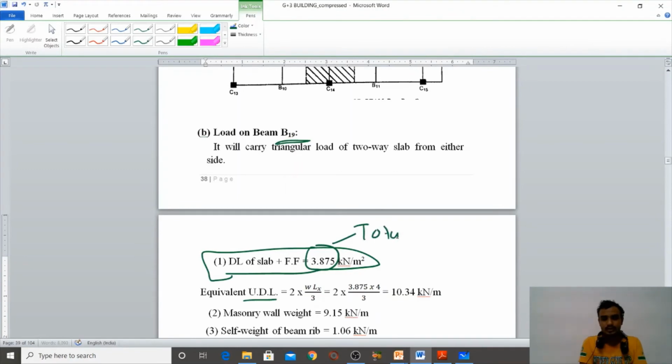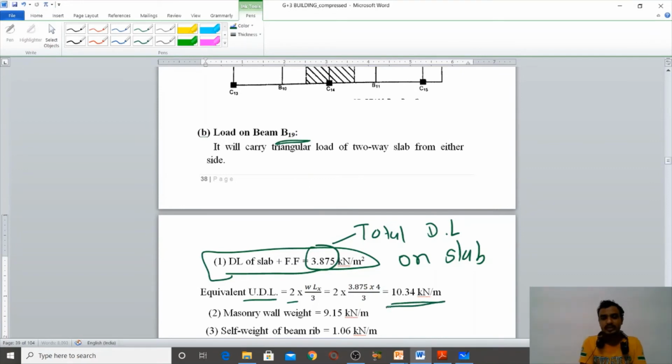It's the total dead load on the slab, and this load is transferred to beam number 19 by the equation WLx by 3, multiplied by twice because there are two slabs transferring load on beam number 19. So the equivalent is twice into 3.875 into 4 divided by 3.